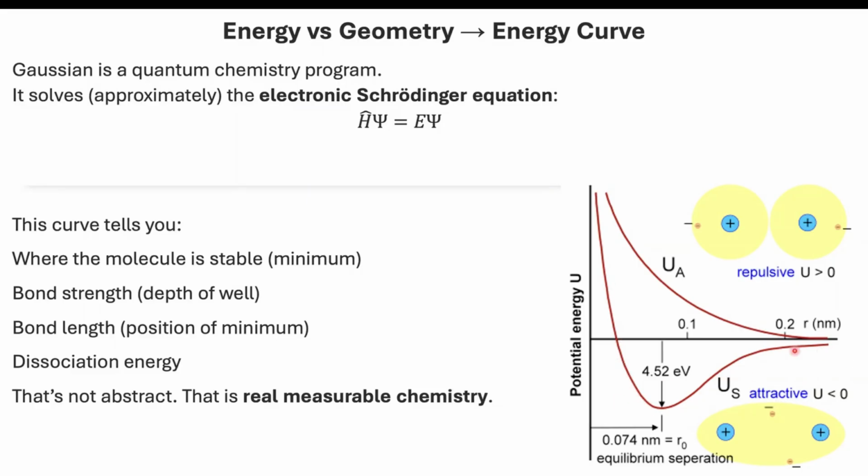If you plot bond distance and energy, you get an energy curve. When we vary only one coordinate, such as bond length, we obtain a potential energy curve. This curve tells you where the molecule is stable, the minimum bond length, and the dissociation energy. That's not abstract. This is real measurable chemistry.